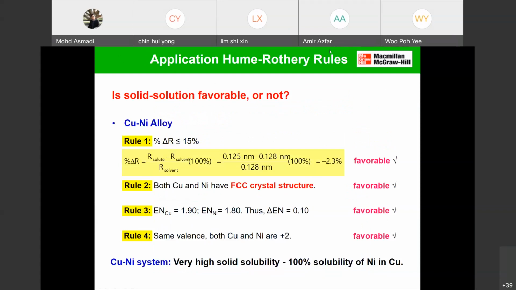If you look at here, copper and nickel, how to calculate rule number 1? The diameter of the atom must not differ, meaning R solute minus R solvent, divided by R solvent, times 100. Since the diameters are 0.125 and 0.128, divided by 0.128, we get negative 2.3%, which is below 15%. How about crystal structure? Both have FCC.